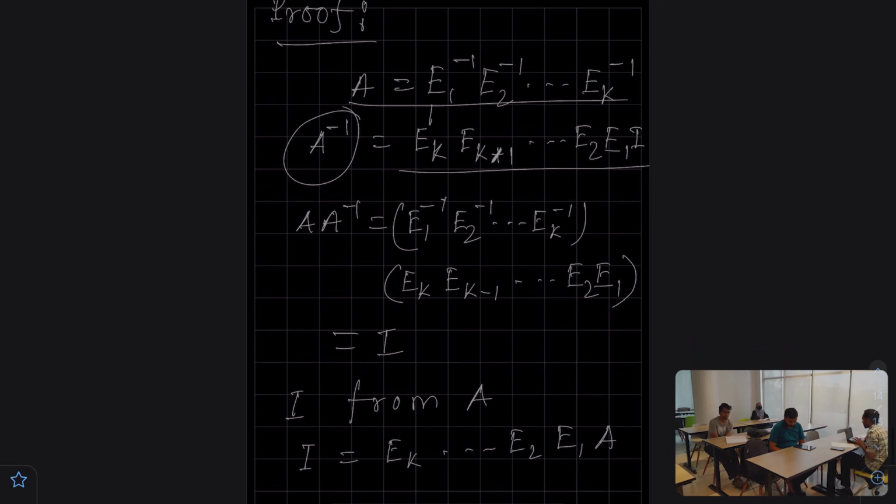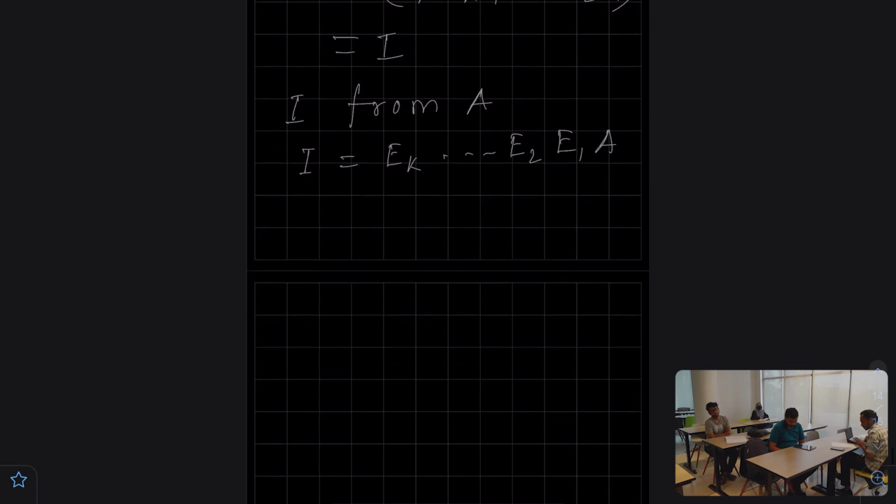So I equals Ek ... E2 E1 of A, right? So you can use the same definition from this, right? Does it make sense? Okay. Anyone have any question?